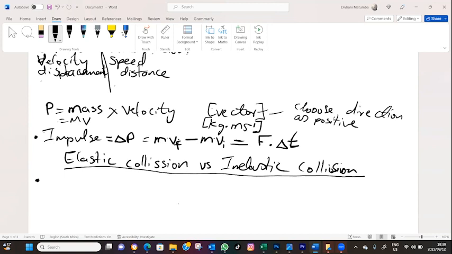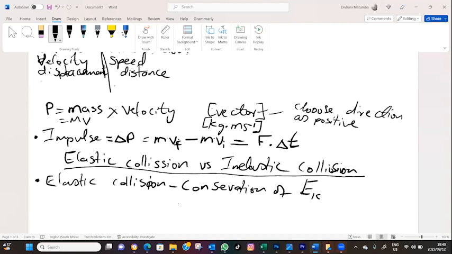So whenever there's an elastic collision, it means there's energy restoration, which in this case we're going to term kinetic energy. So whenever there's elastic collision, there's conservation of kinetic energy.